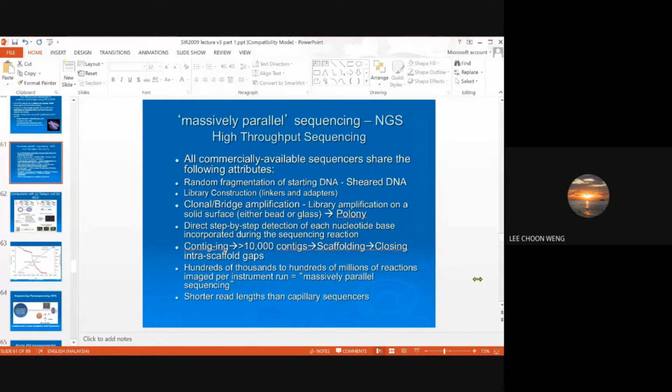Then you will need to make your own library of transformants, E. coli transformants carrying the gene that you want from the environment. Because if you were to do the NGS method, it won't work that well because the database will not have the sequence record that you are getting.